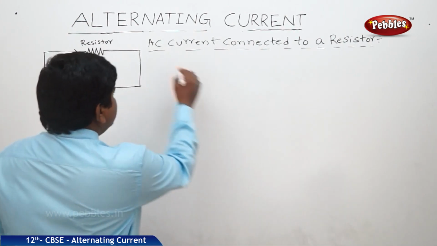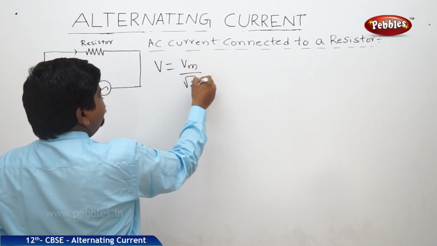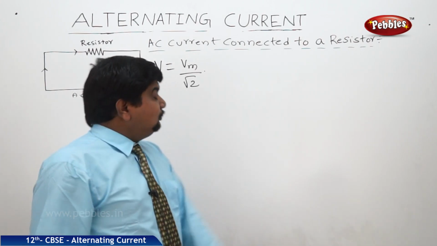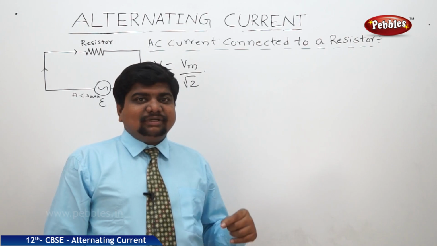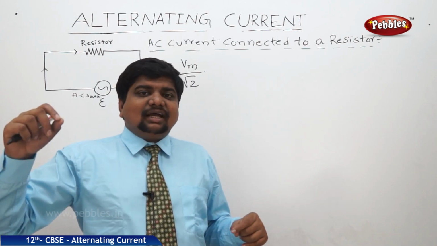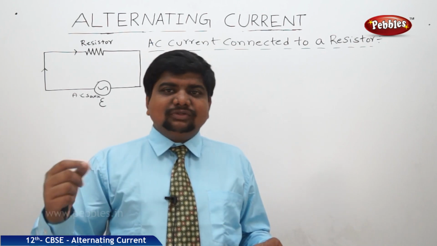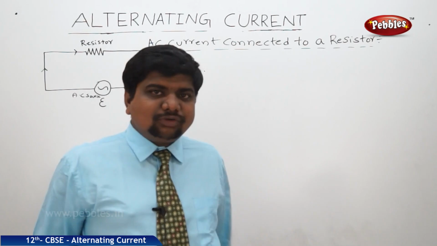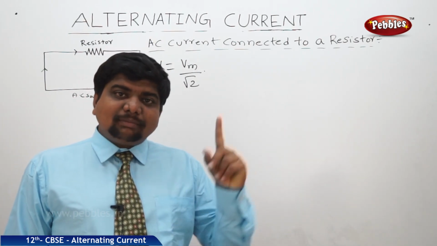This means that we got V is equal to Vm by root 2, where Vm is the maximum voltage. Now, what is this VRMS? If you see the household voltages, what is the maximum voltage that should be used to run the electric appliances? What would be the maximum potential for household purposes? 220 volts. We should not say that 220 volts is the maximum voltage.